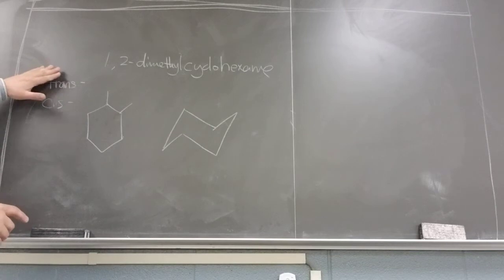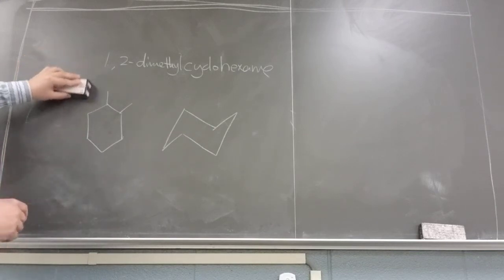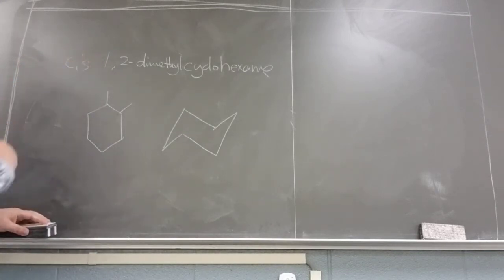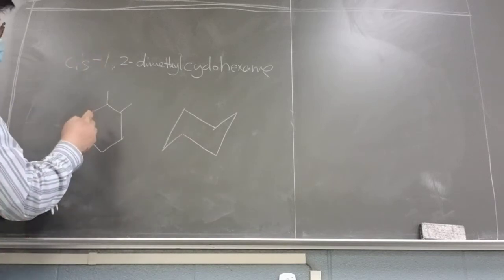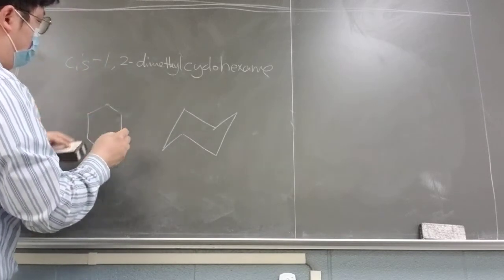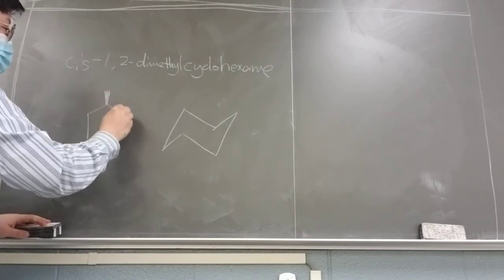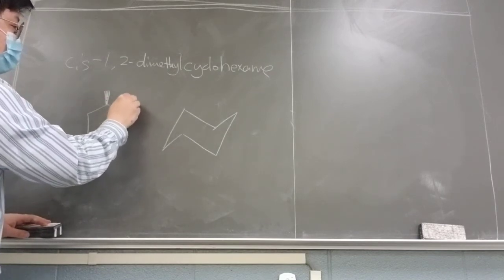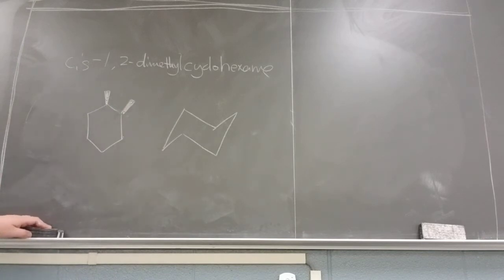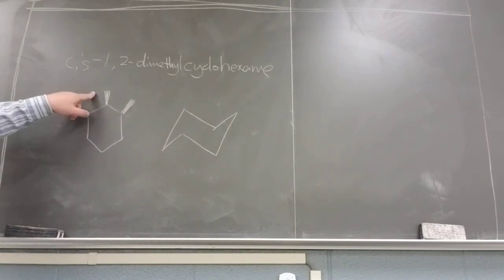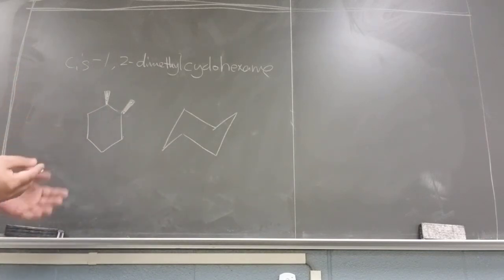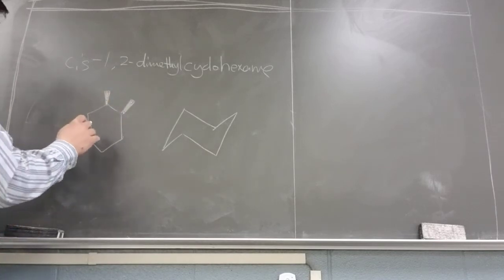The one we're going to talk about first is cis, meaning you put the 2 methyl groups on the same side, like this. It doesn't matter if you put the dashed line, because as long as they're on the same side, it's the same compound anyway, since you just flip it.